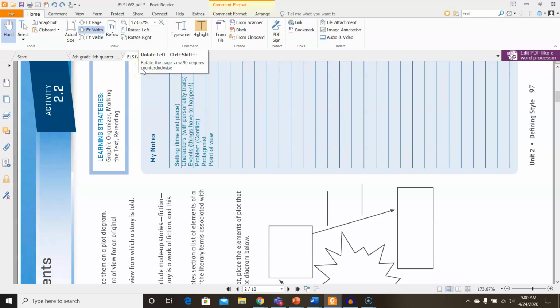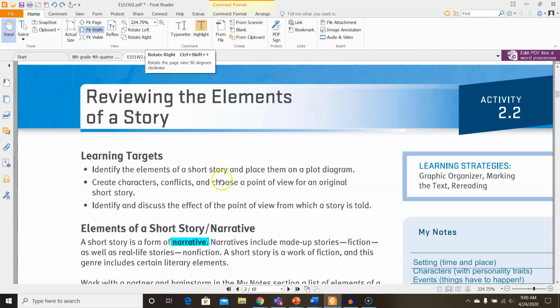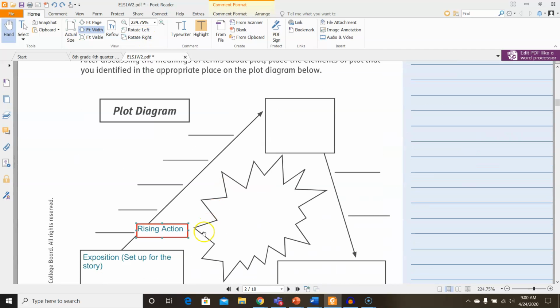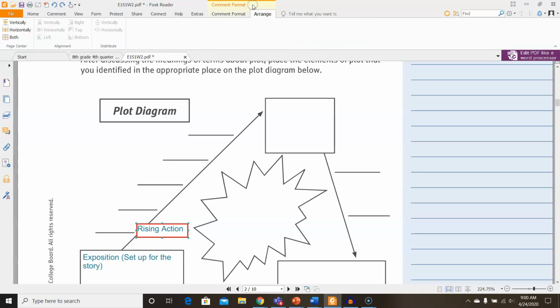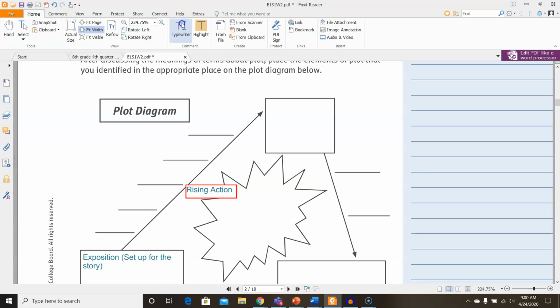Whoops, hold on. That's not what I meant to do. Well, that's okay. I am going to just drag and drop it right there.